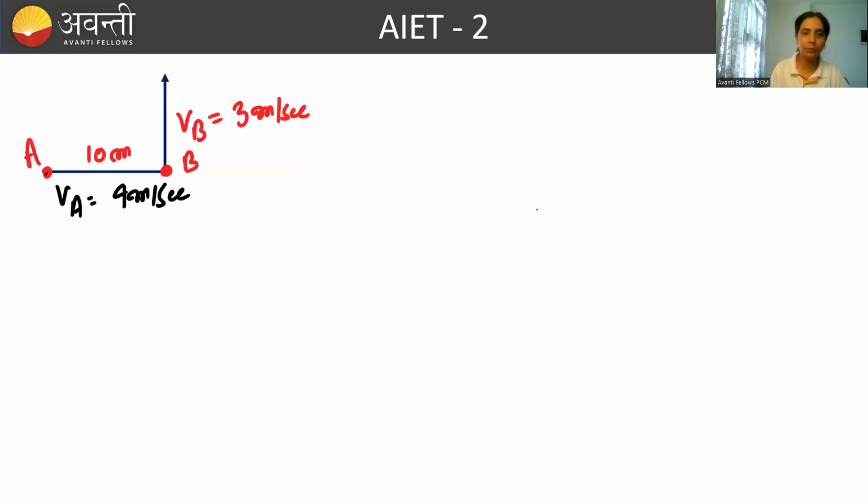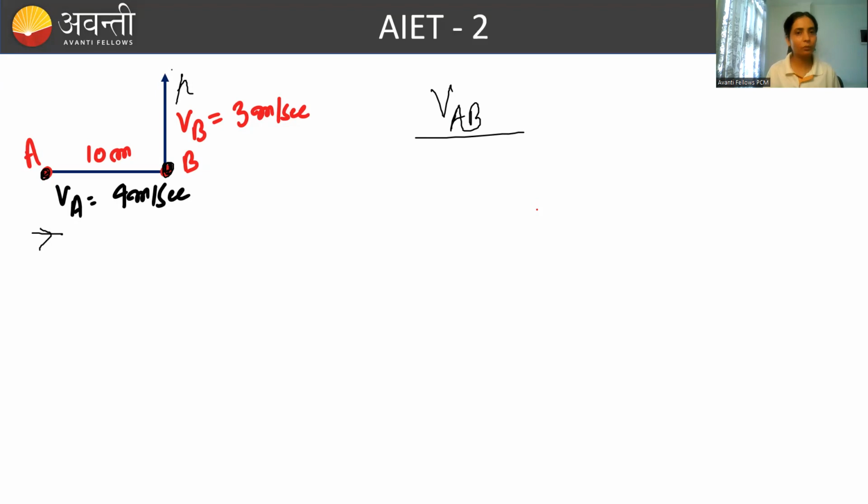So the question में क्या दिया हुआ है? A, B initially separated by 10 meter. A is moving in this direction, B is moving in this direction. First you need to understand, when we say VAB, what does it mean? Velocity of A with respect to B. इसका मतलब ये होता है. So when I'm saying कि velocity of A with respect to B, I'm assuming that B is in rest, and then I'm trying to see if B is in rest, then what will be the velocity of A?